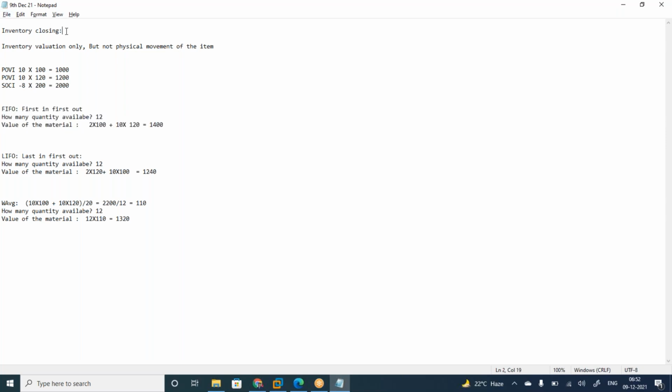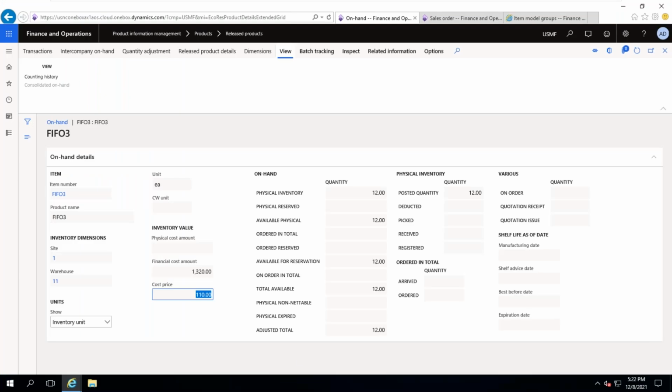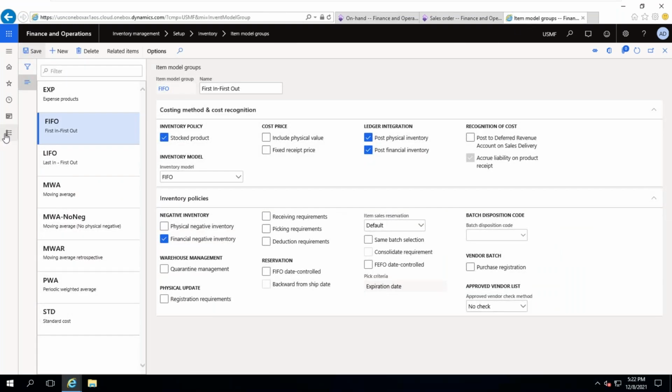Then we need to run inventory closing, or recalculation. You need to run this process to rectify the corrections. So let me go back. Now let me run this inventory closing process.